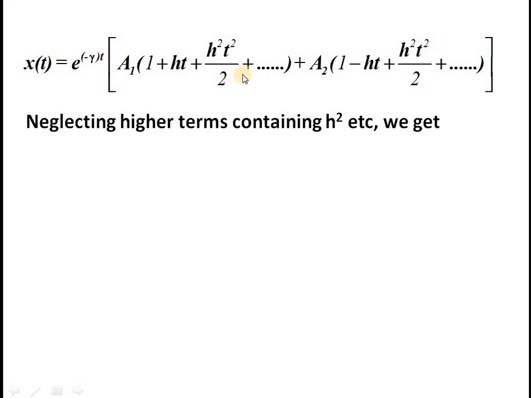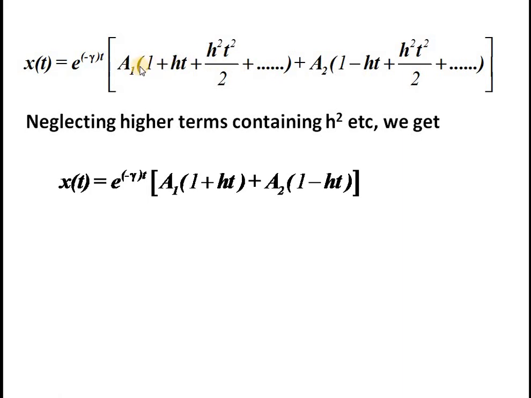So you can neglect higher terms, and we can write it simply using the first two terms, 1 plus ht and 1 minus ht. So we get x of t is equal to e raised to minus gamma t into a1 into 1 plus ht plus a2 into 1 minus ht.